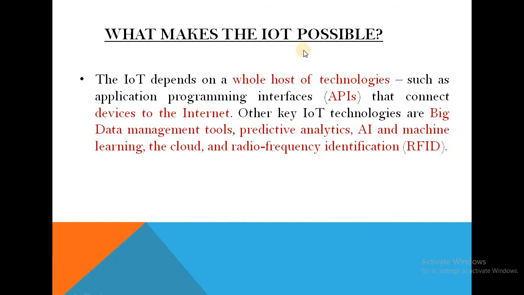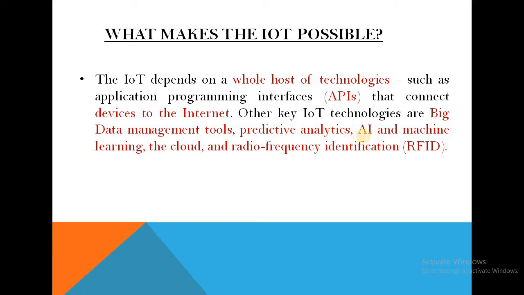What makes the IoT possible? What are the things behind the IoT? Basically, it's a whole host of technologies that makes IoT possible. What are these technologies? Application programming interfaces that let the device connect to the internet. The key IoT technologies are big data management tools that take the data from the devices and manage it, then perform predictive analytics on the data.